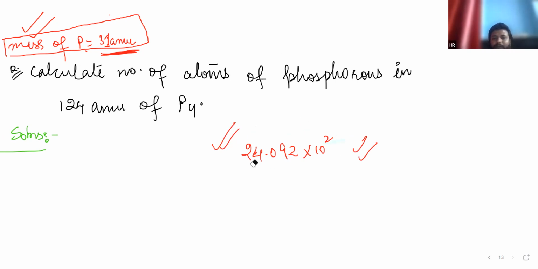Arslan, I'm talking in AMU. That means only the number of one atom, two atoms, three atoms. 6.022 into 10 raised to the power 23 is 1 mole. I haven't talked about the number of moles or anything. I'm talking in terms of AMU.